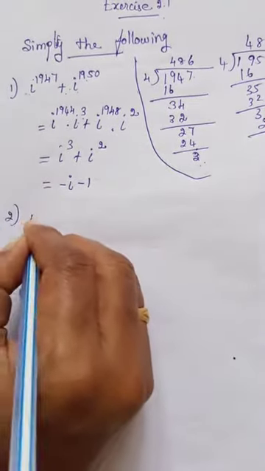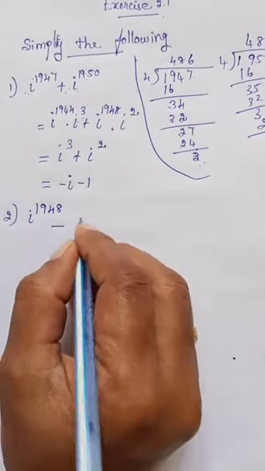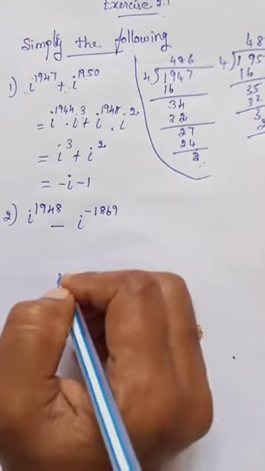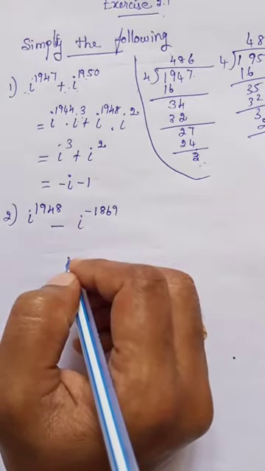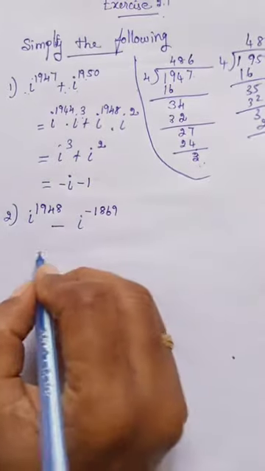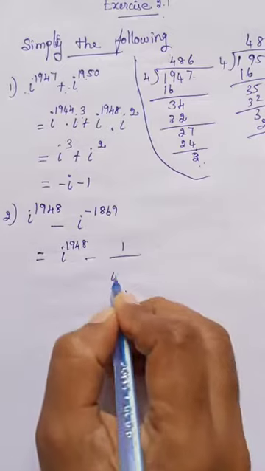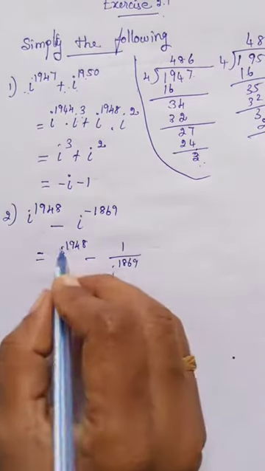Then the second problem is i power 1948 minus i power minus 1869. You can do this in two methods. One is i power 1948 minus 1 by i power 1869.